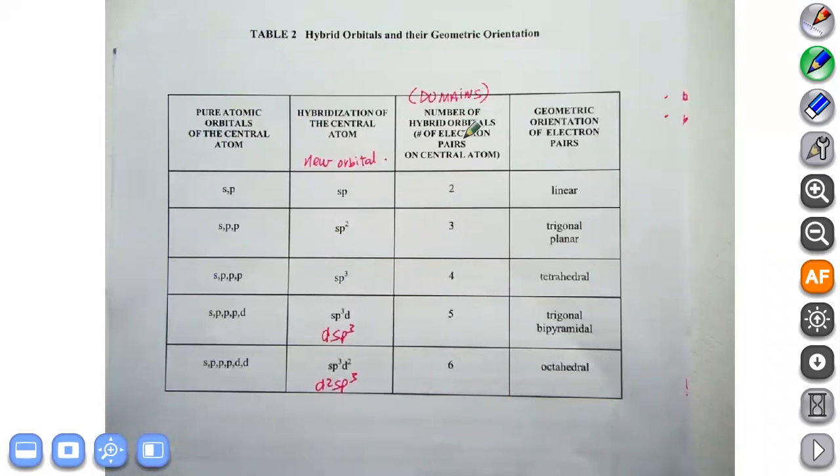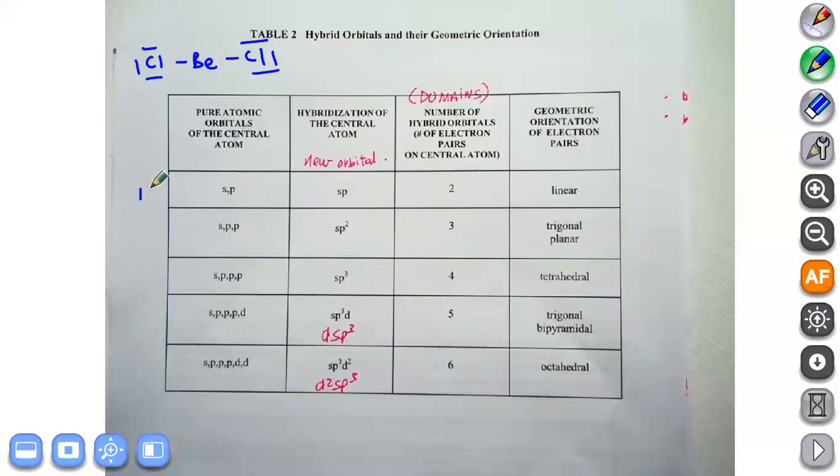So to make a linear molecule, I'll give you one linear molecule, BeCl2. That's a linear molecule. It's got 2 domains, 0 lone pairs. What happens is beryllium, Be in the middle, mixes s and p orbitals.